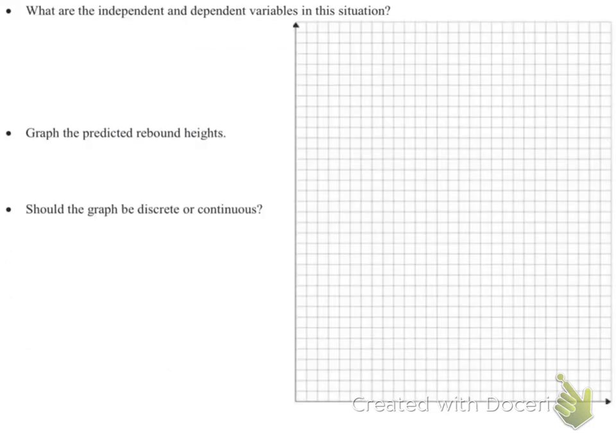Okay, moving on. What are the independent and dependent variables in the situation? All right, well, I'm going to think about independent means what we are plugging in. So in generic terms, independent and dependent will become more solidified in future classes. So I'm going to think about what am I plugging in?